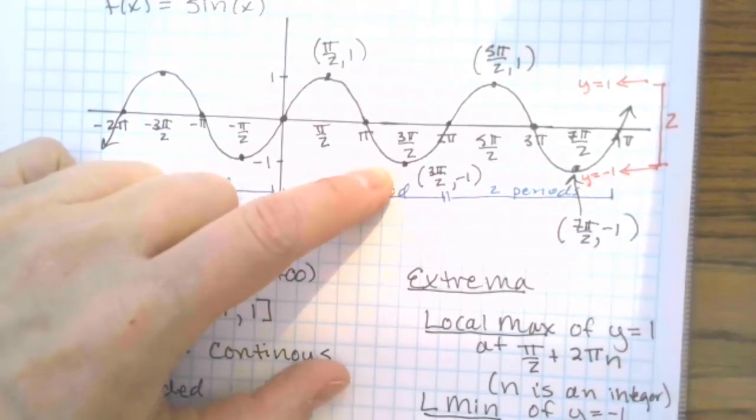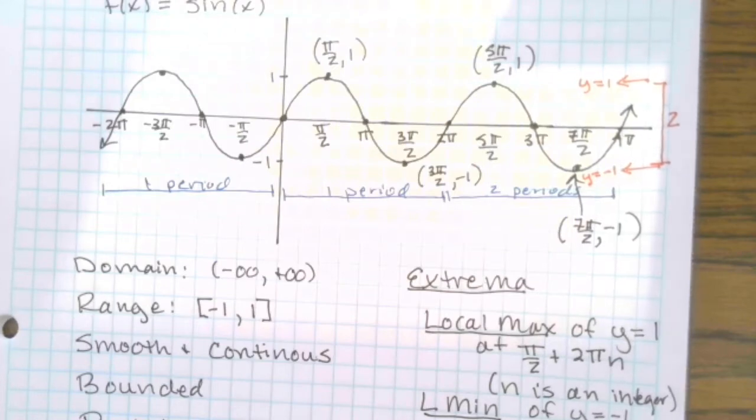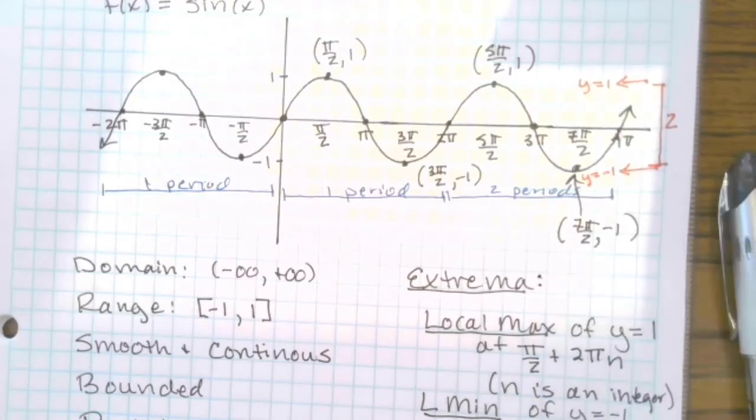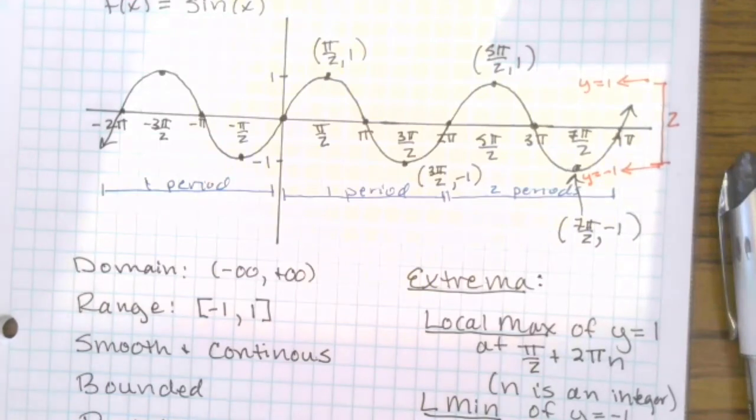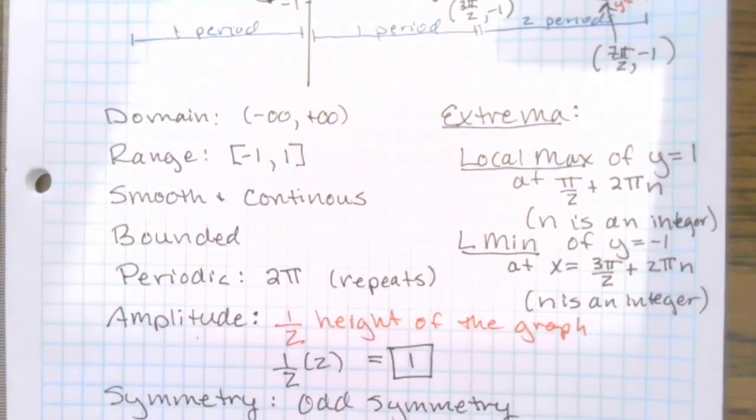So plus 2 pi times n, where n is an integer. And again, there are no absolute max or absolute minimums with a sine function. Let me move that up so you can write that down.